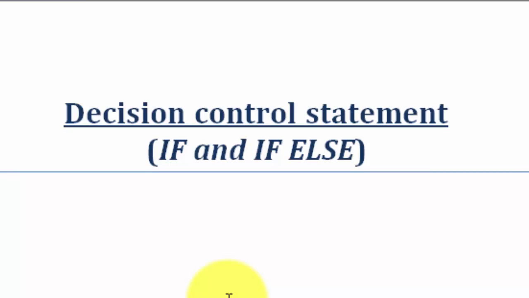Such conditional processing extends the usefulness of programs. It allows us to build programs that determine which statements of code should be executed and which should be ignored. So friends, today we are going to talk about this special topic.